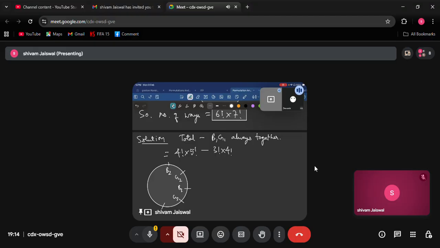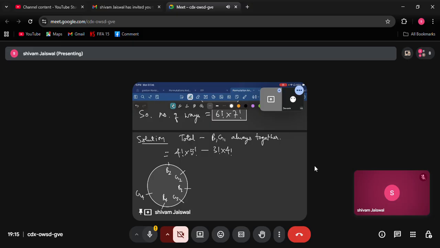Now my task is to place B1, G1 in the gaps. So try to understand. B1, G1 can occupy this gap, this gap, this gap, this gap, this gap, this gap. Total, how many gaps are there?